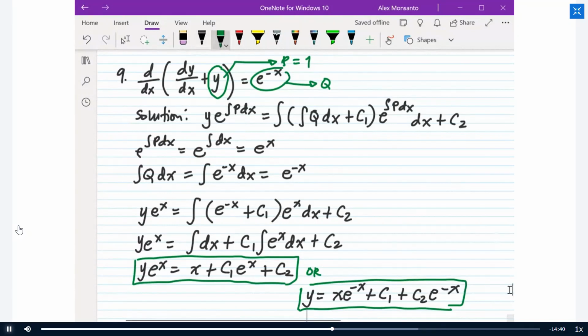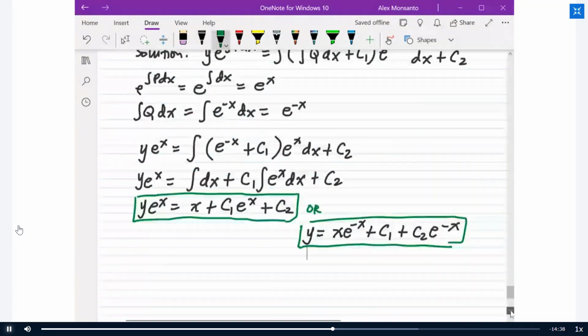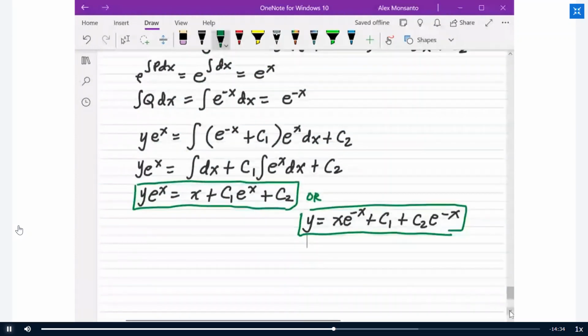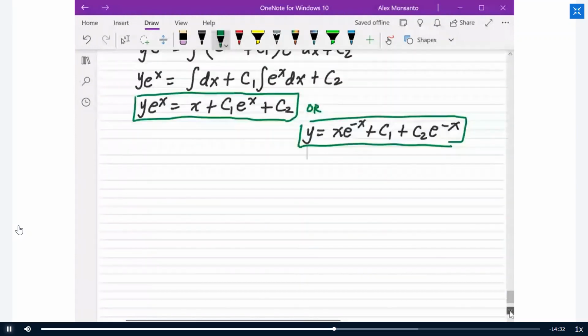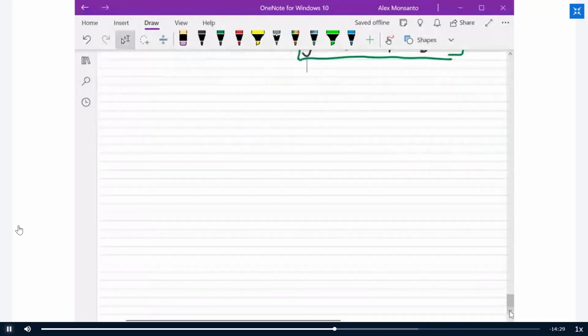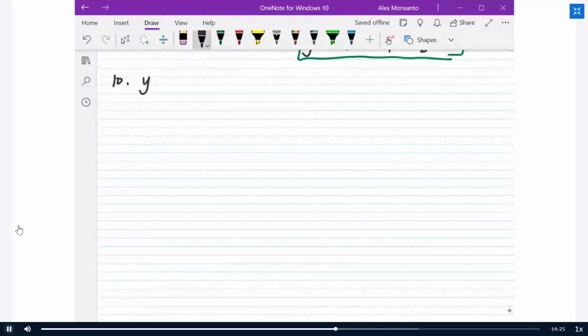Ngayon, for our next item, so let's have another special case here. So, number 10. Okay, so let's have y double prime is equal to x cosine of x minus 24x squared. Okay. So dito gagamitin naman natin yung pangalawang special case, no?